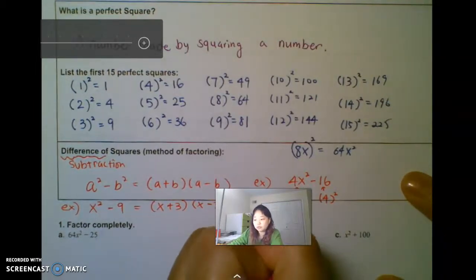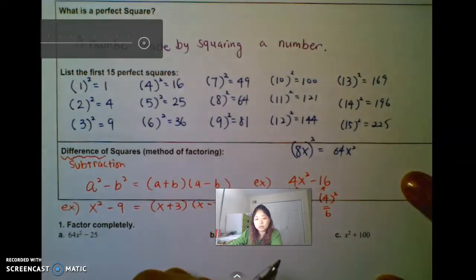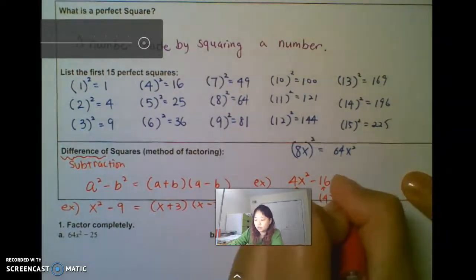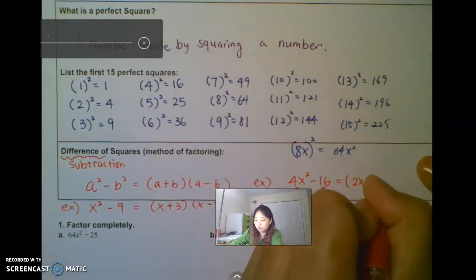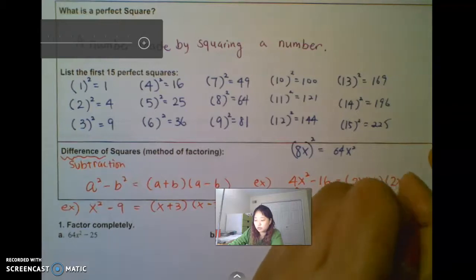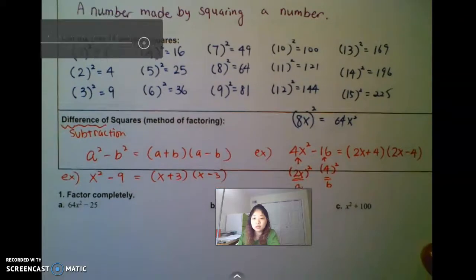Once you identify a and b, a will be 2x in this case, b will be 4. So you can write this as 2x plus 4 times 2x minus 4. That's how we factor the perfect squares. I'm going to do the first 6, and then in class we'll do the bottom 6 questions.